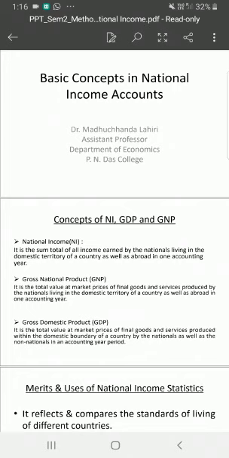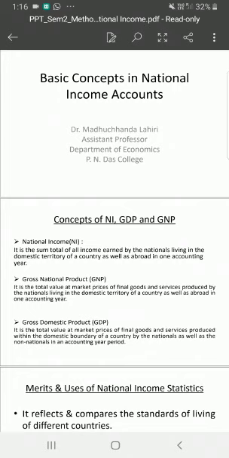So, while calculating the GDP, or the gross domestic product, we consider the production or the goods and services that are produced within the domestic territory of a country by the nationals as well as the non-nationals, or the income earned by the nationals or the non-nationals living within the domestic territory of the country.